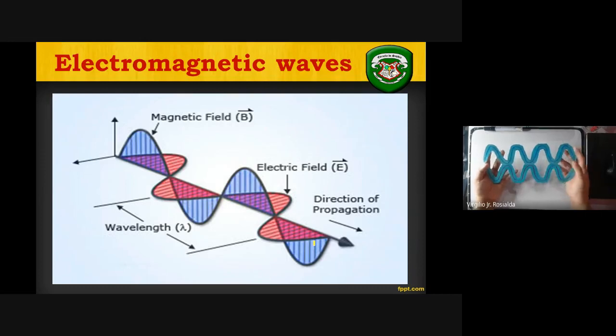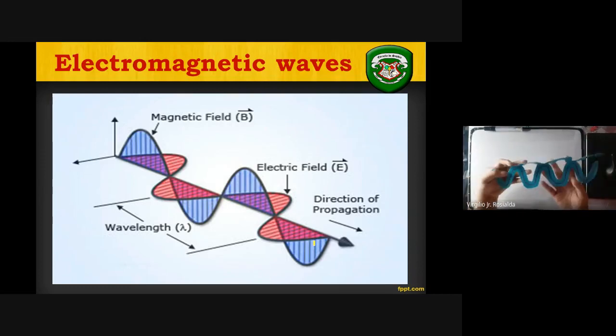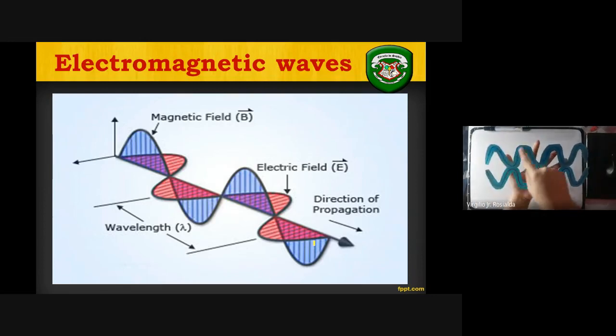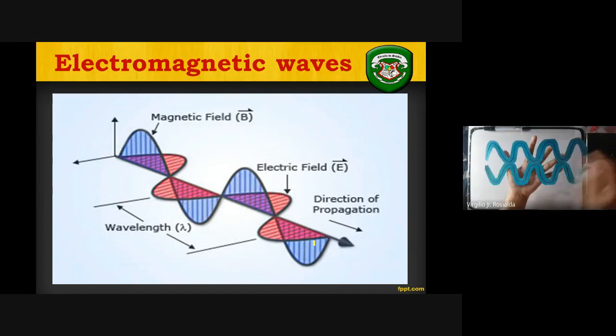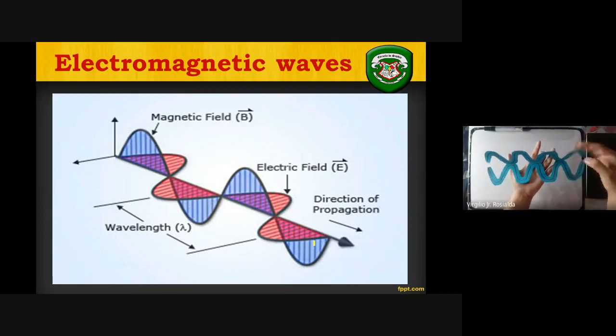So paano ba siya nangyayari? Or paano ba natin siya i-explain? Kung titingnan natin, this one is the magnetic field and this one is the electric field. So pananatilihin nating nakahiga yung electric field natin. Pero the magnetic field, as I said, nagta-travel siya ng up, down, up, down.